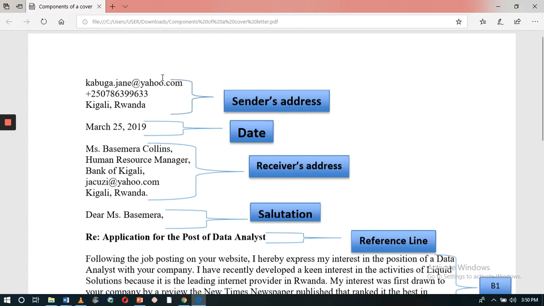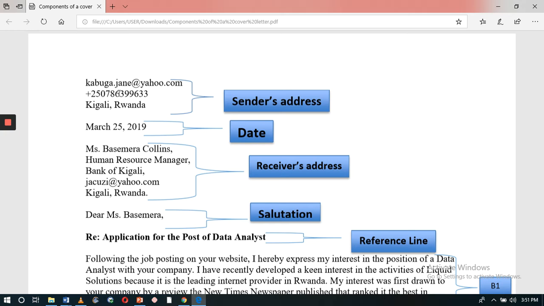So here we are. If you're writing a cover letter, you need an address. Now, I am sure most people today do not have postal addresses. So we prefer to use the electronic address. The other option for your address could be your physical address, where you live, your house number, the name of the street, and something like that.